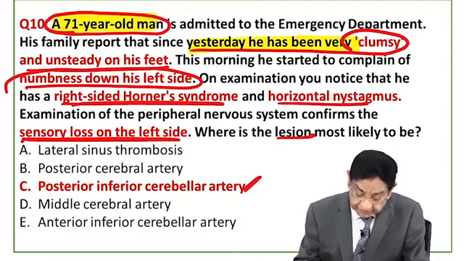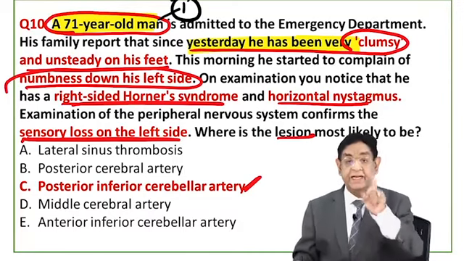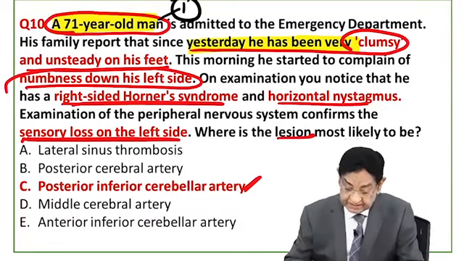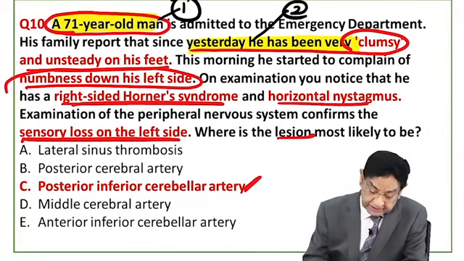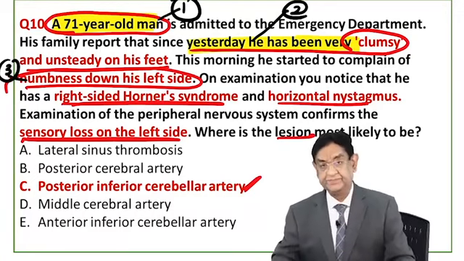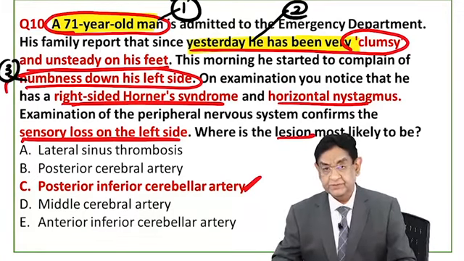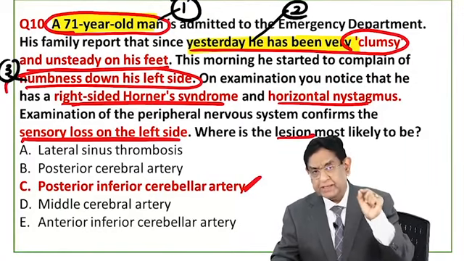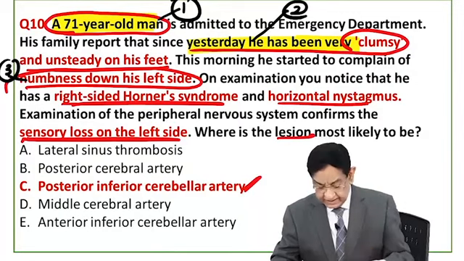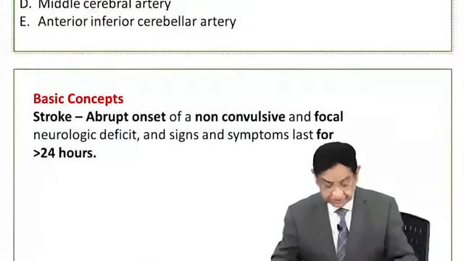The first keyword is the age. Second is sudden onset of the neurological deficit. Third is the neurological deficit. With this background of age, the most important is sudden onset. Let's talk, and again I come back to the question.